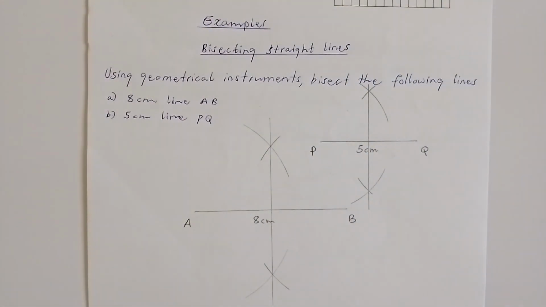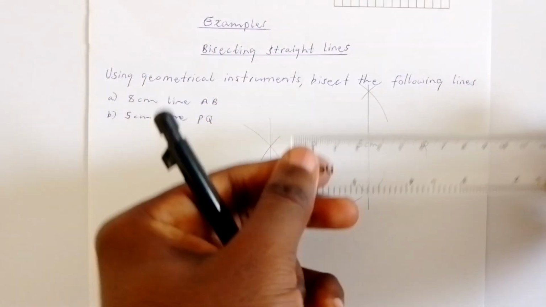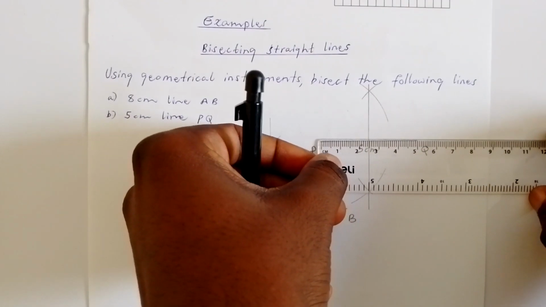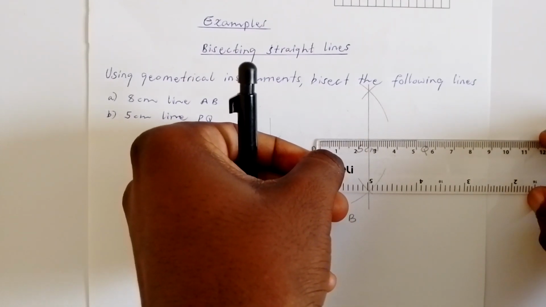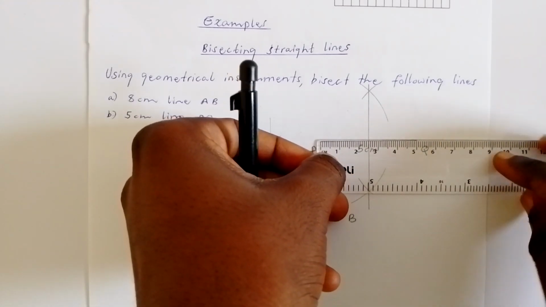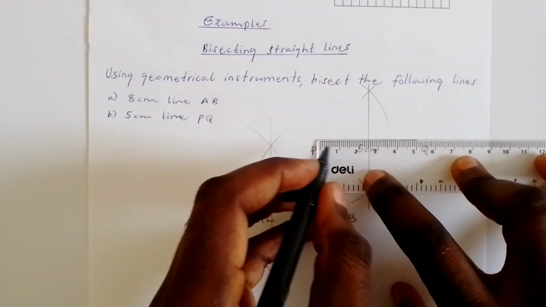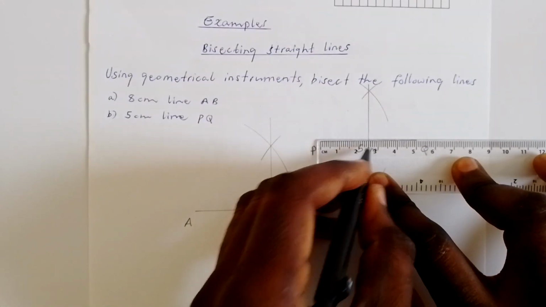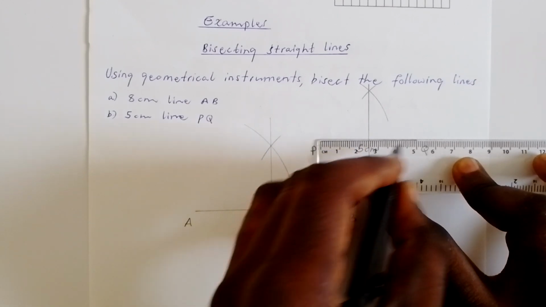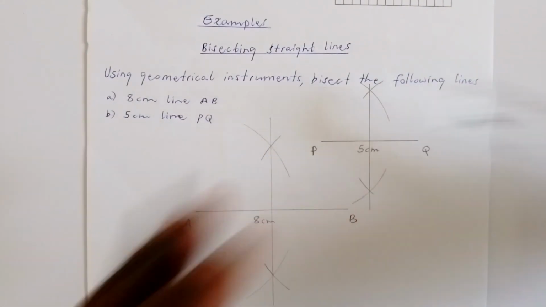So half of 5 is 2.5 centimeters. Even if we measure, you agree with me that this will be about 2.5 centimeters. And that is exactly because 2.5 is somewhere here. This is 1 centimeter, 2 centimeters, 0.5 is exactly there. Even the other end is also 2.5.